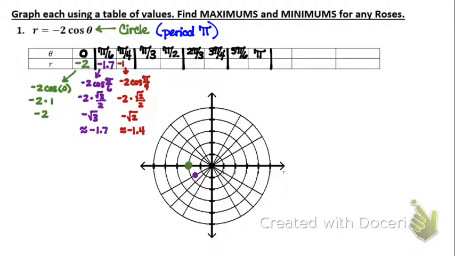So I've got negative 1.4. Here's pi over 4, so I need to go backwards right here. It's going to be almost at the halfway point between those two circles.